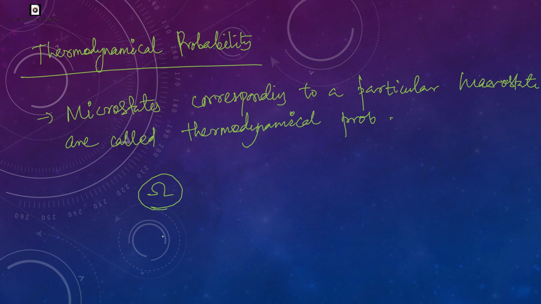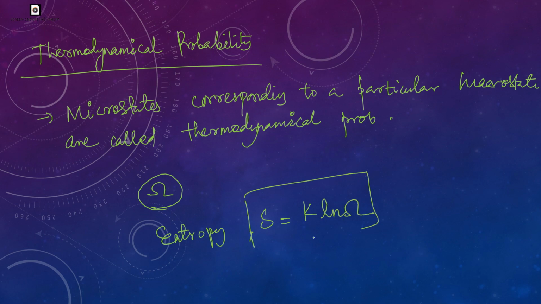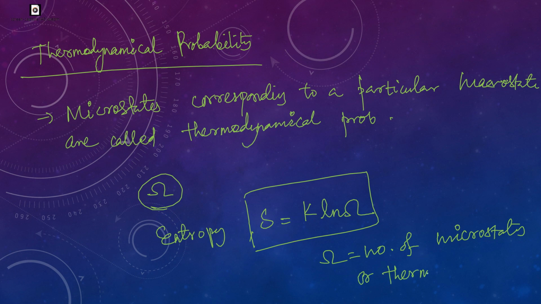The formula for entropy is S equals k ln omega. This omega is the number of microstates, or thermodynamical probability. So this equation connects thermodynamics and statistical mechanics.